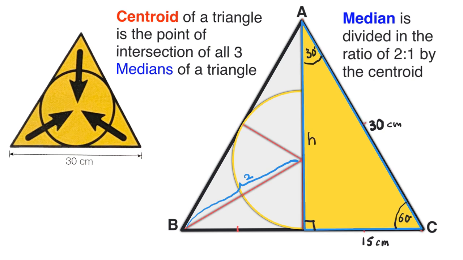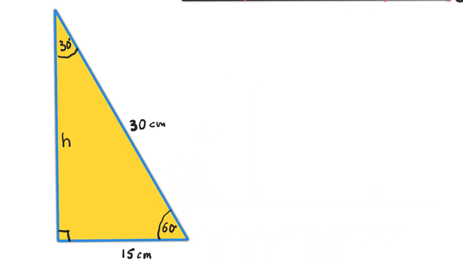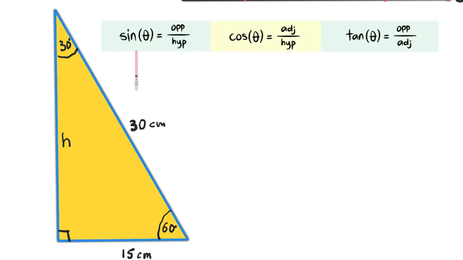So let's bring that triangle down. And now we're able to calculate the value of h using these trigonometric ratios. Which trigonometric ratio we use depends on what values we have. We have the longest side, and the longest side will be called the hypotenuse. The other sides will depend on which angle we're going to be using.